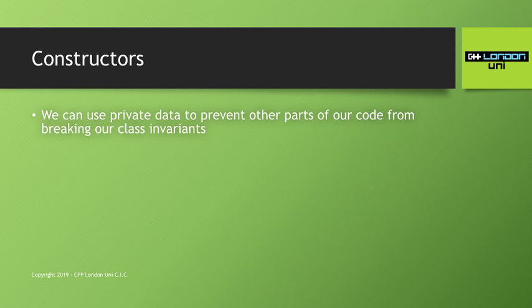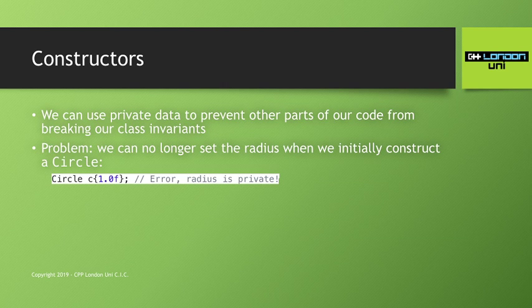We can use private data to prevent access to the fields of our classes, of our structs. This creates a pretty immediate problem that you may or may not notice: the way we have been building our things so far is going to break.